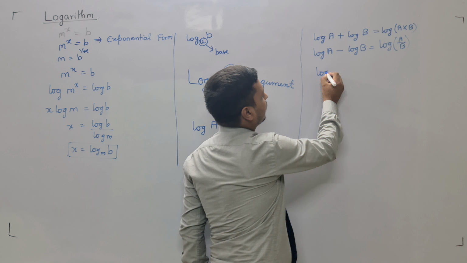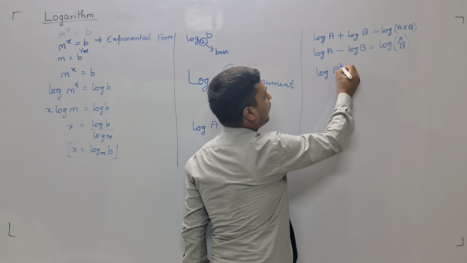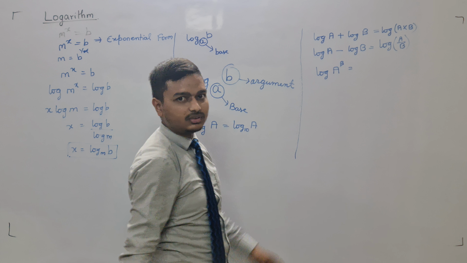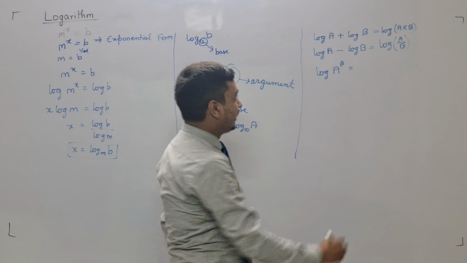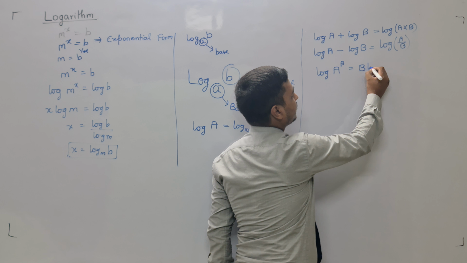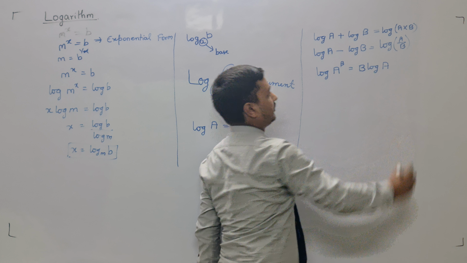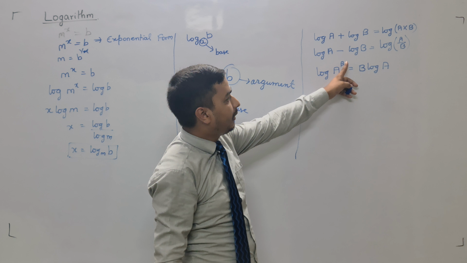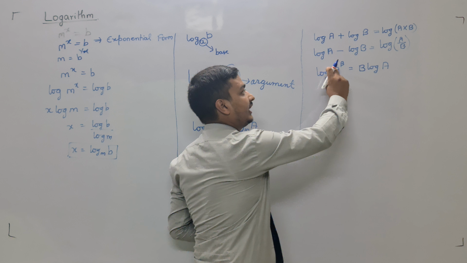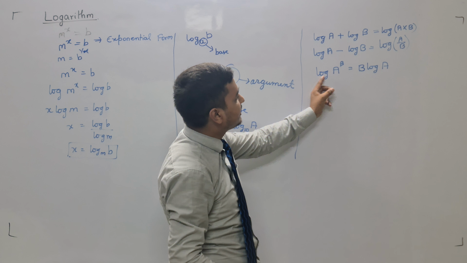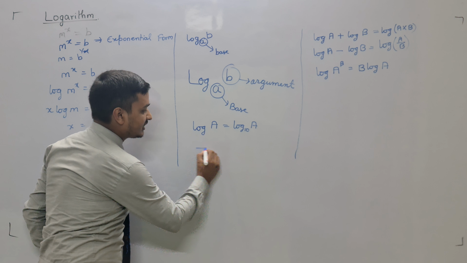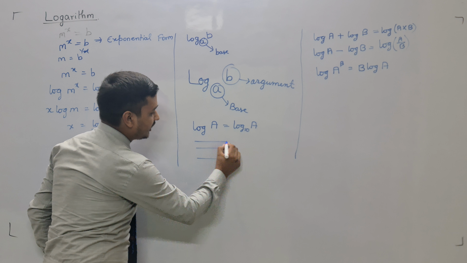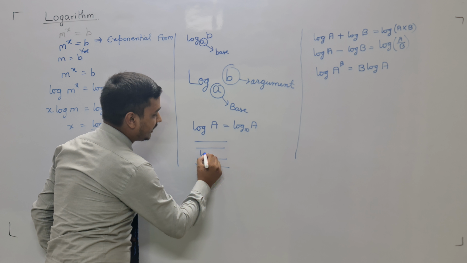Next property, log a power b. Then what will be my answer? b log a. Log a power b means I am writing b above that alphabet. Are you able to see this line? In handwriting classes also there are 3 lines, correct? So here also we can consider 3. Here I will write log.